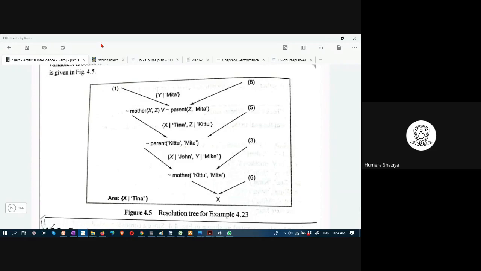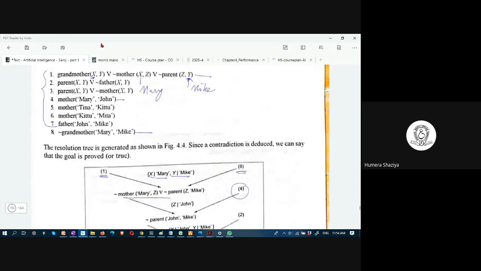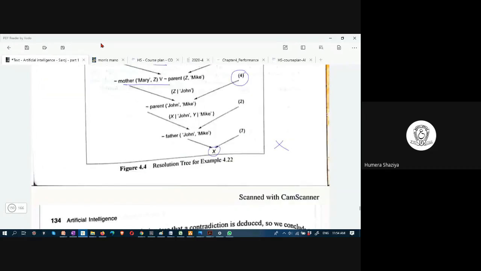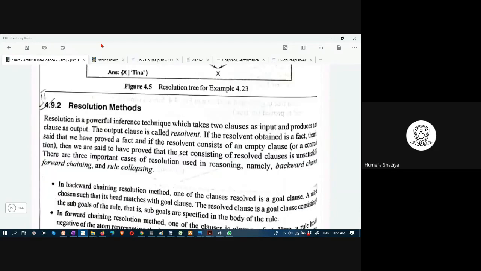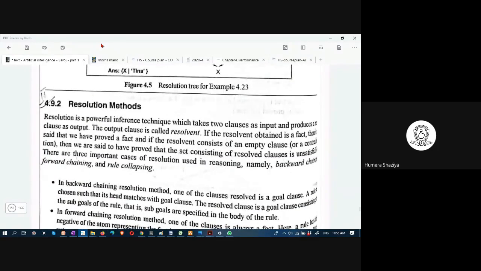This one and sixth one. Sixth one is Kitu is mother of Mita. Again, this is normal mother and this is negated mother. Both eliminated. Leftover is X. Alright, so this is also proved. This is proving by resolution tree through contradiction.